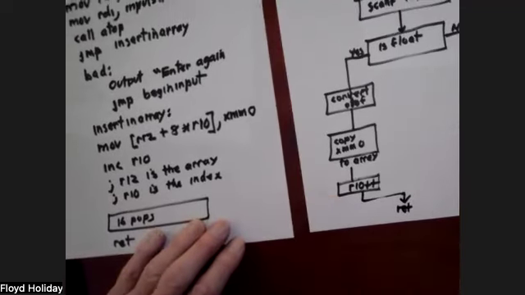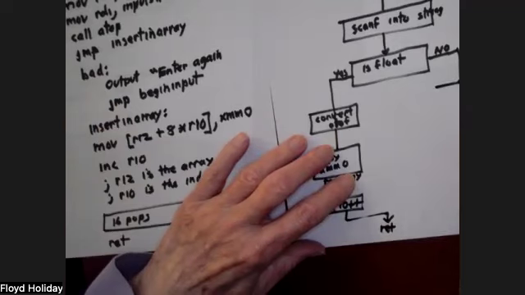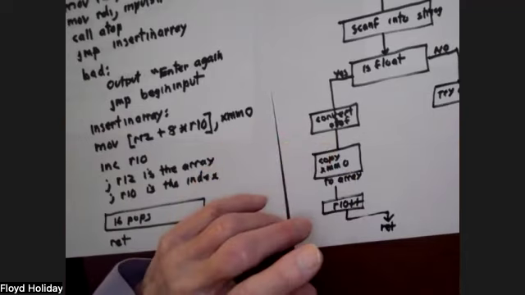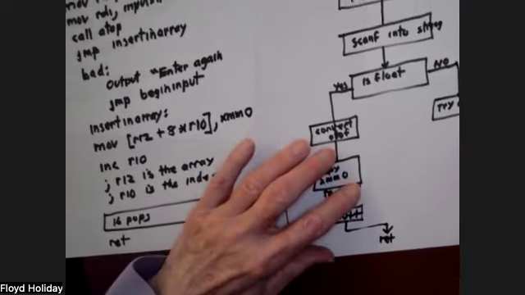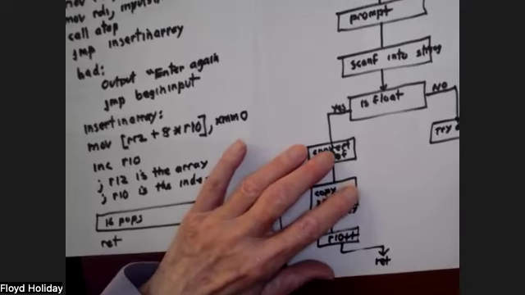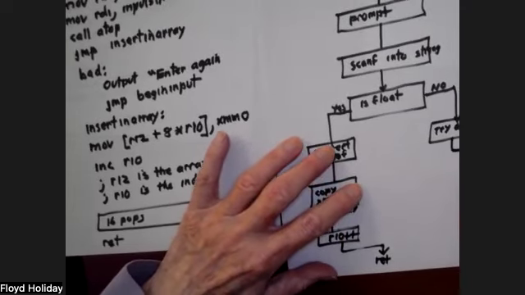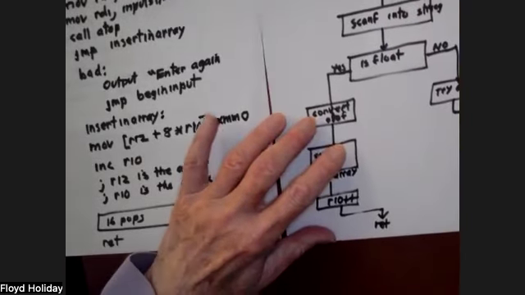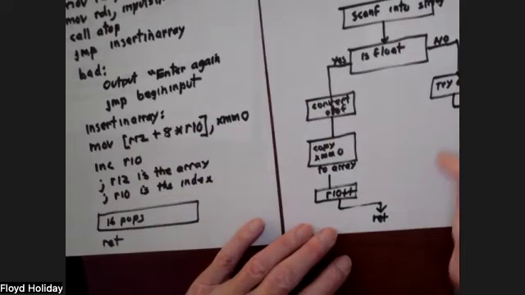On this side, if it's no, that's the bad, so there's a try again message. And then it says go to resume here. That appears to be right.